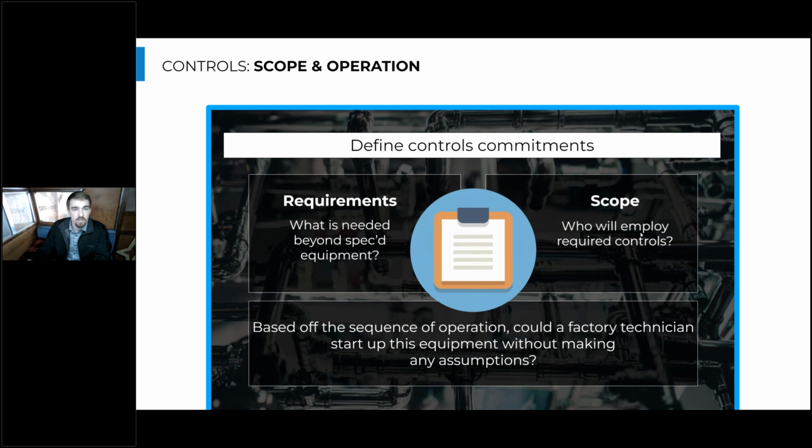So it's really important to define controls commitments as you're talking about this project. Like what's the plumber going to be responsible for, and what's the actual controls contractor going to be responsible for? And that interface is really important, because a lot of times, even if the contractor is landing the sensors, those sensors still need to fit into the thermal wells in the tanks that the plumber will be installing.